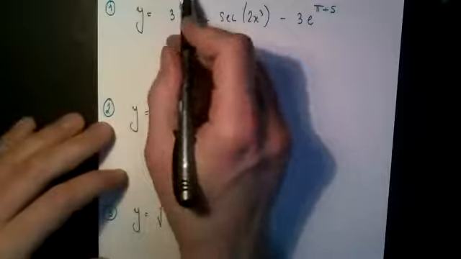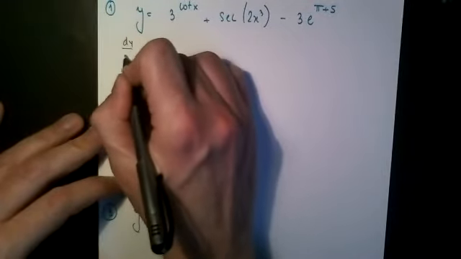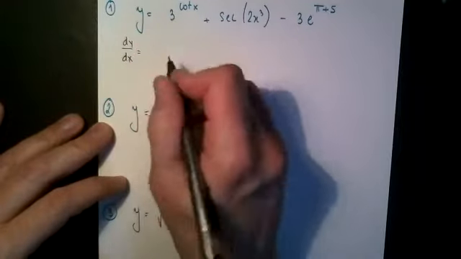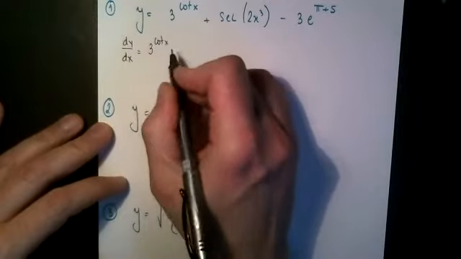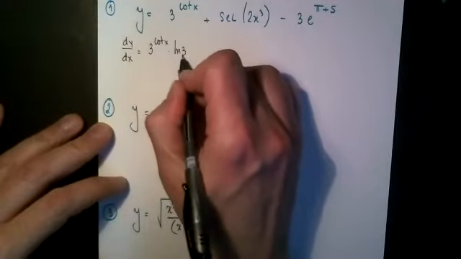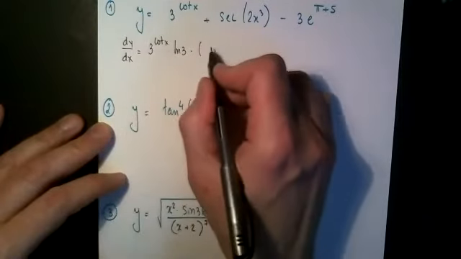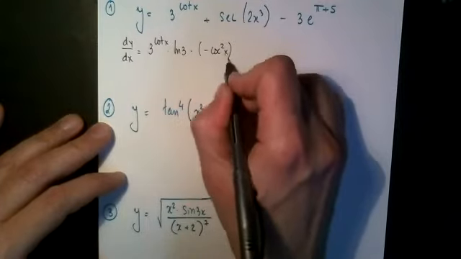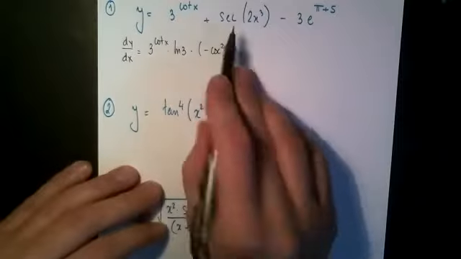All right, so dy dx, or just y prime, whatever you want. I'll write dy dx for change. So the derivative of 3 to the cotangent is 3 to the power of the cotangent times ln of 3 times the derivative of the cotangent, which is negative cosecant squared x. That's for the first term.